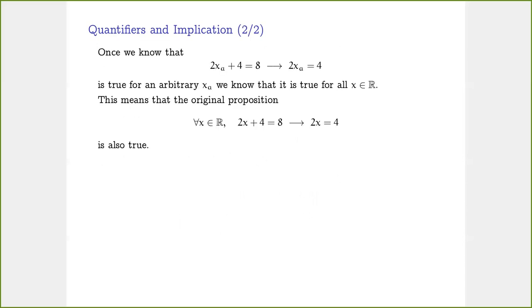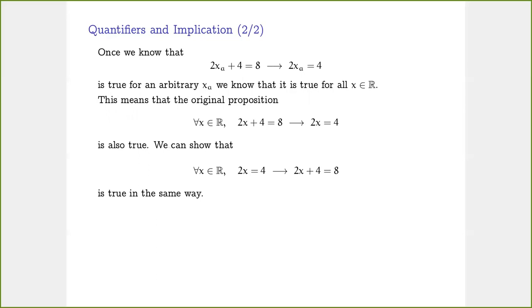Once we know that the implication is true for arbitrary values, we know it's true for every value because we've only used properties of x sub a that are true of every real number. This means that the original proposition, for every x in the real numbers, 2x plus 4 equals 8 does imply 2x equals 4.